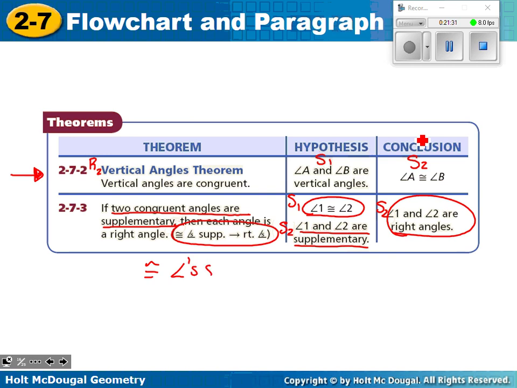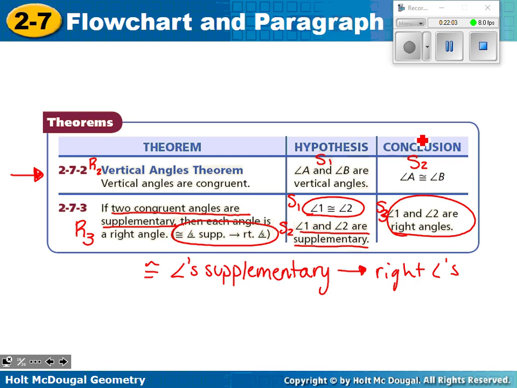Congruent angles, supplementary, implies right angles. So if you could do that in a proof, okay? Or you can just say, 2 congruent angles that are also supplementary form right angles. Okay? However is better for you. But this would be your reason for your statement number 3. This would be your reason for that.